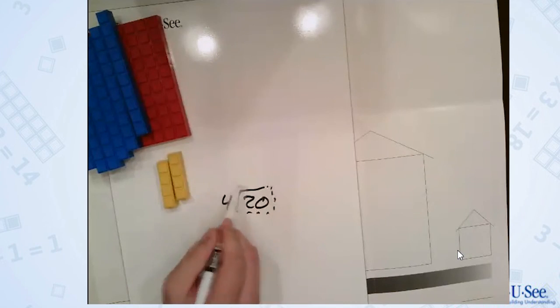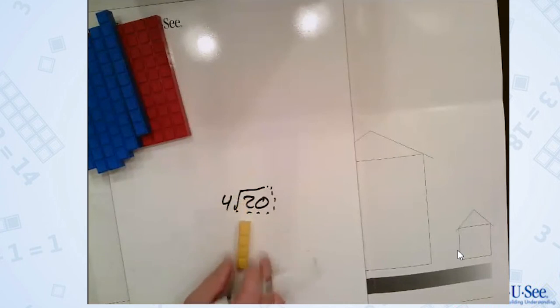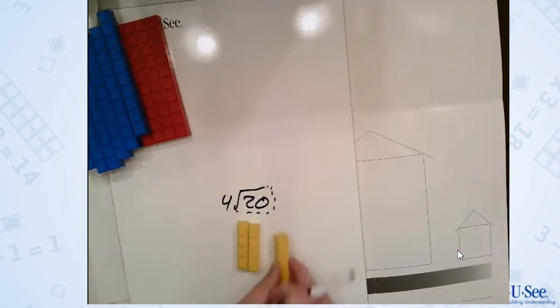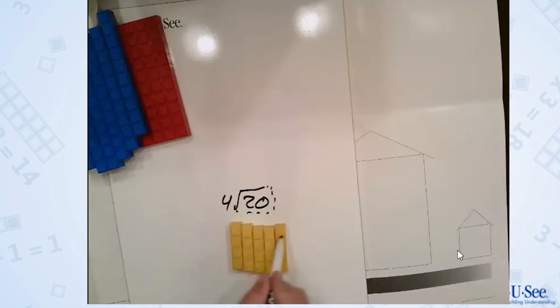So we have one side of the rectangle is 4, and we have to see how many times we have to count by 4 to get to 20. So this side is 4. Now we can skip count to 8, 12, 16, and 20. So this side is 5.